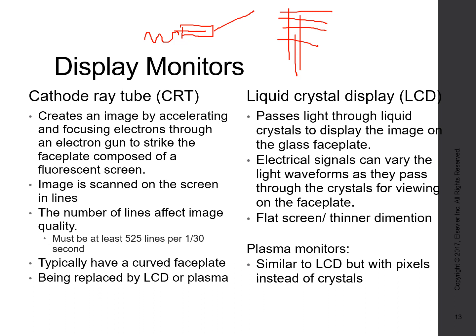This is a side view of the cathode ray tube, and it would send out these electrons to the front of the tube, or the front of the TV. Those electrons would activate the front of the TV, and it would produce light on a graphite screen, and that's how you would actually visualize an image. That was really common until the late 90s.